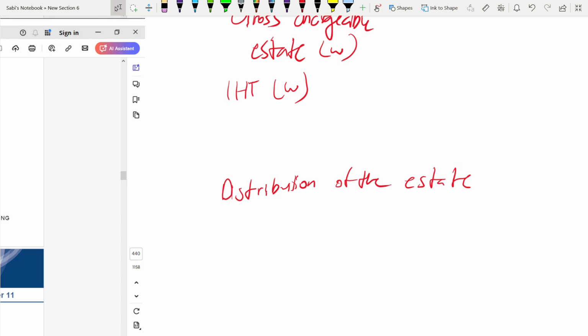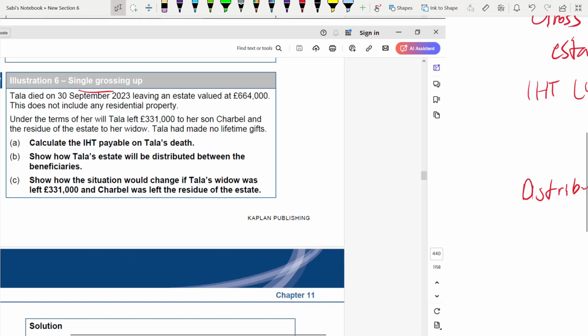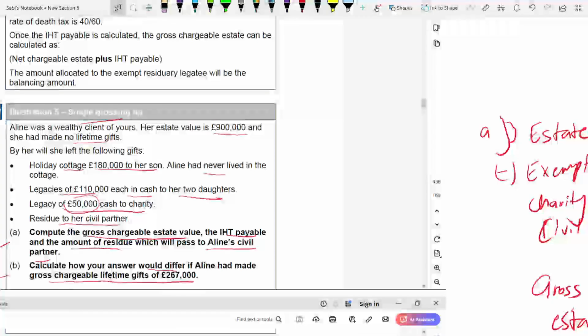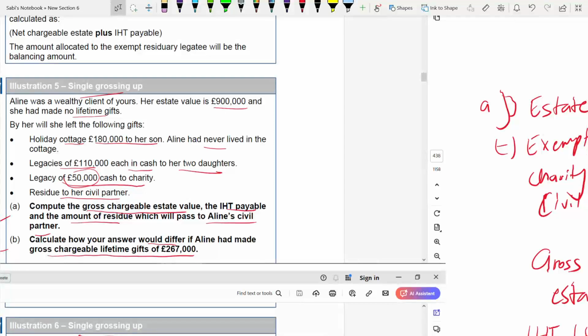Residue to the civil partner. So the gross chargeable estate is 450,000.